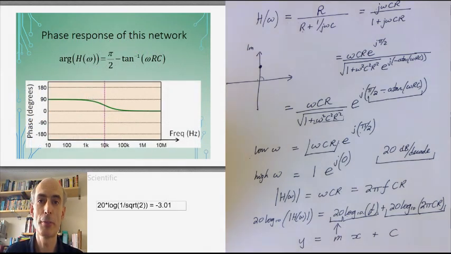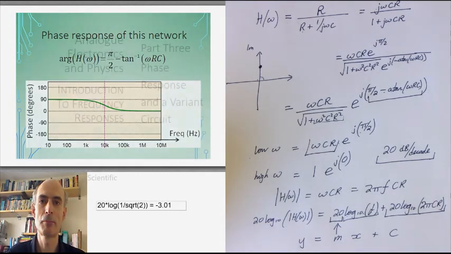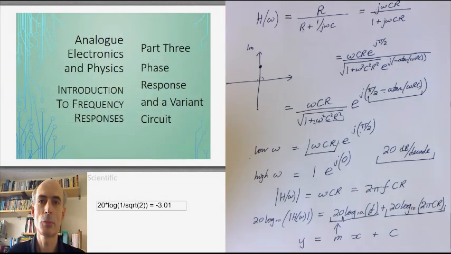This is what a plot of the phase response would look like. Starts at 90 degrees, moves down to 0. We can have a look at this one in the simulator as well.